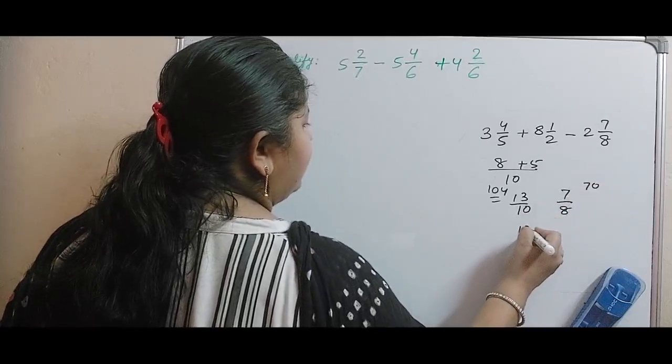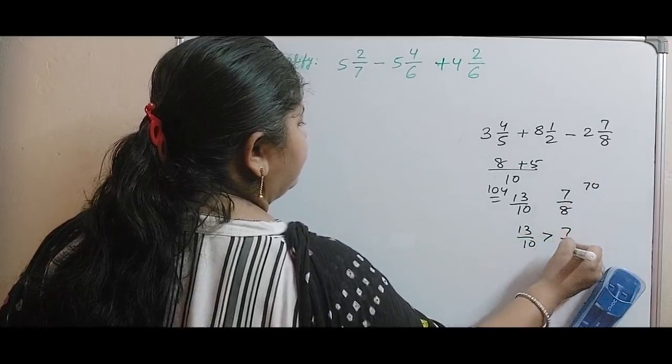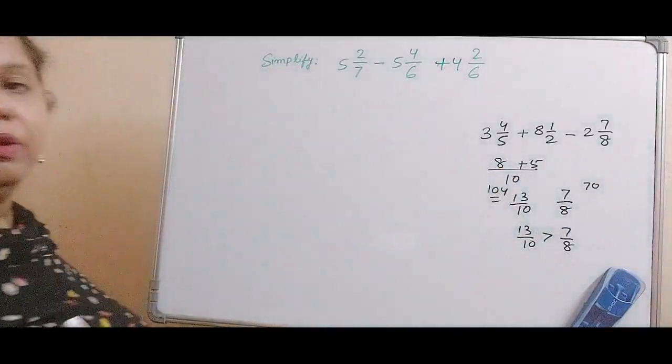So obviously 13 by 10 is greater than 7 by 8, so we adopted that method.